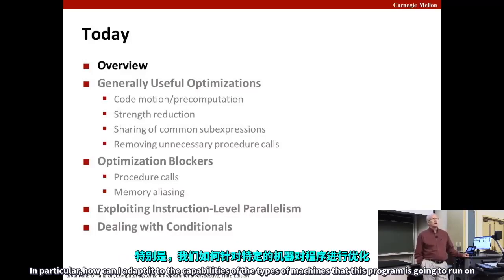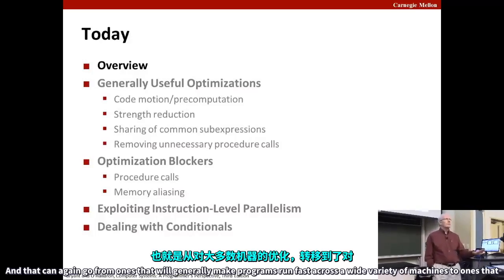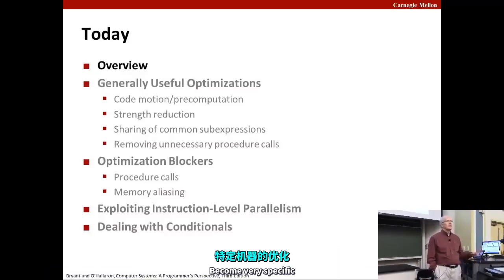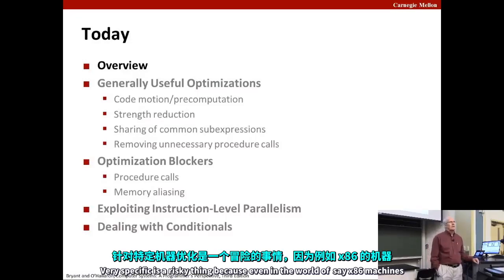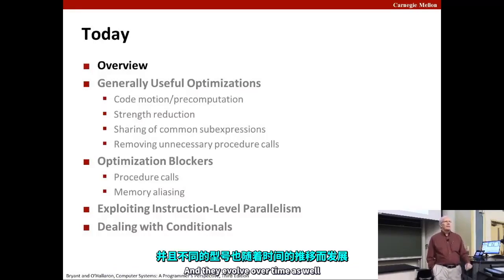In particular, how can I adapt it to the capabilities of the types of machines that this program is going to run on? And that can, again, go from ones that will generally make programs run fast across a wide variety of machines to ones that become very specific. And very specific is a risky thing because even in the world of x86 machines, there's quite a variety of them available at any given point in time, and they evolve over time as well.